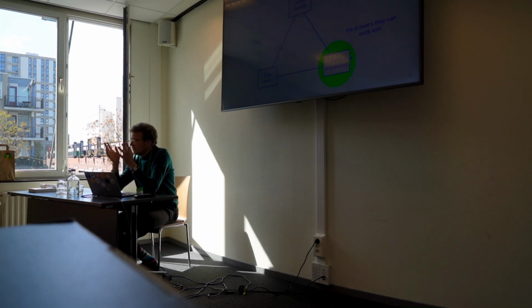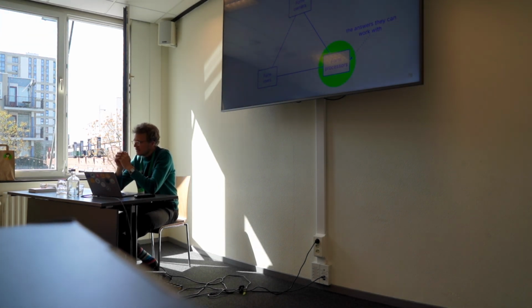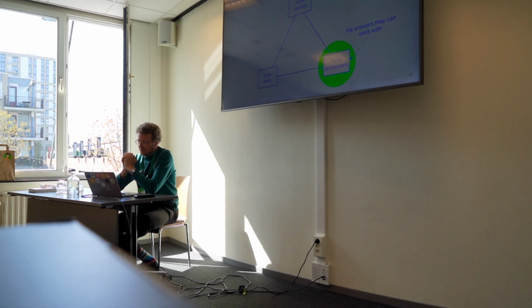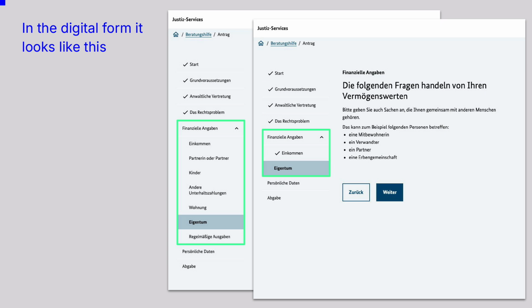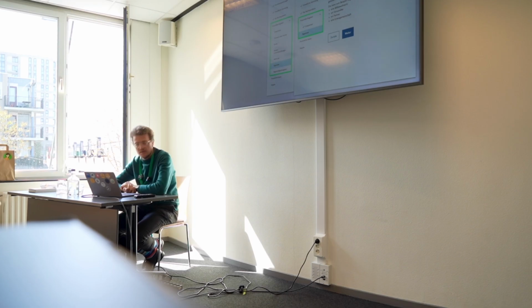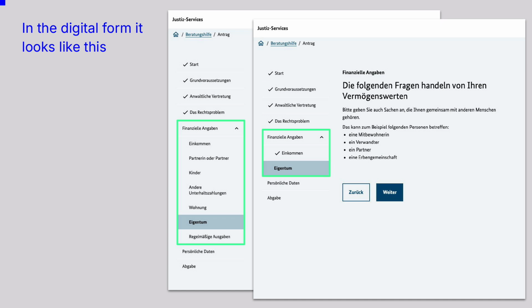There were some free text fields which had very little guidance, and people were just not able to fulfill the tasks. And so we learned that the receivers of social benefits don't need to declare their financial details. And in the digital form now, it looks like this. The marked section is for the financial details, and you can see on the screen on the right how short it is.